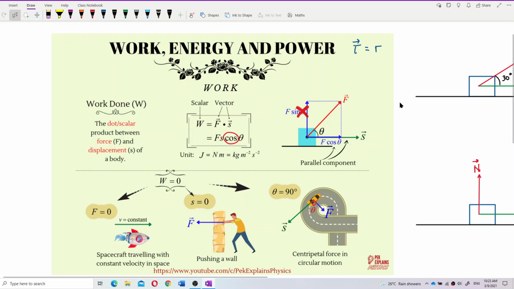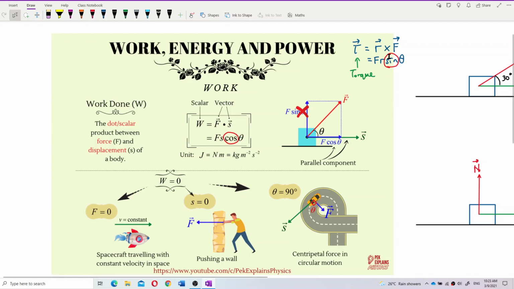In later chapters, rotational motion or rigid body, you are going to learn about torque. Torque is an example using a cross product, R cross F. For this one, the formula becomes FR sine theta. It is using sine.